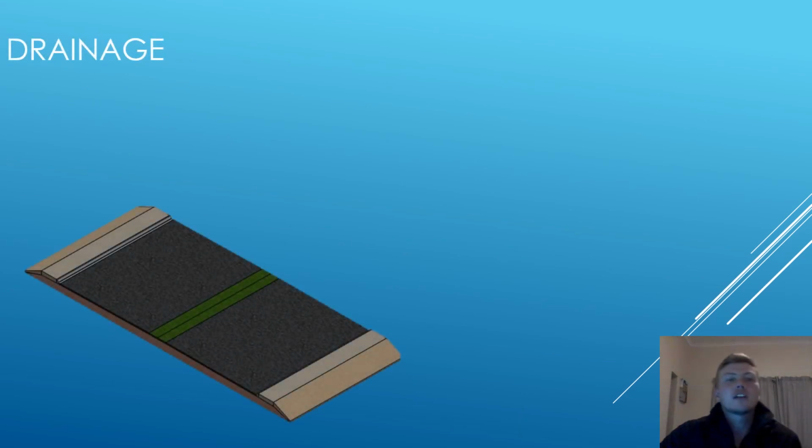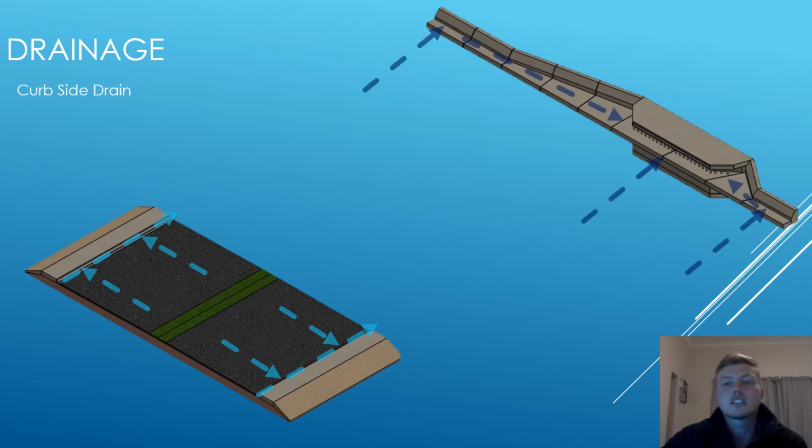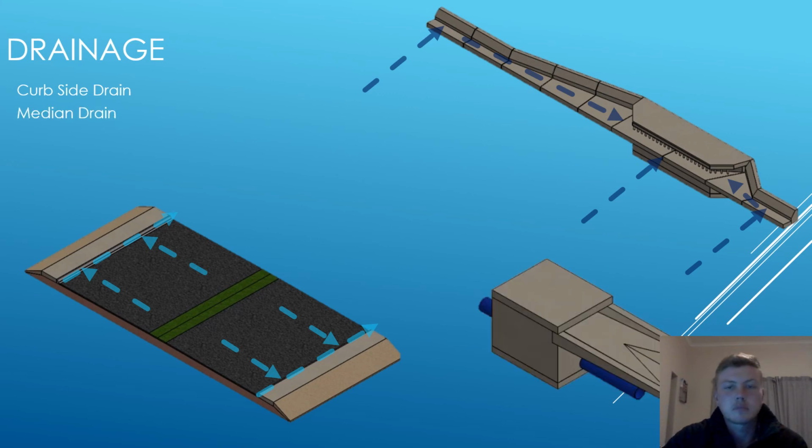After doing the final drainage design, it was concluded that there would be two types of sections for the drainage systems. The first drainage system would be a curbed side drain, where the water would flow in both directions to the edge of the road into the curbed sections, where the water would be guided to the catch pit areas and then transported in the stormwater pipe lanes, and then into a dam.